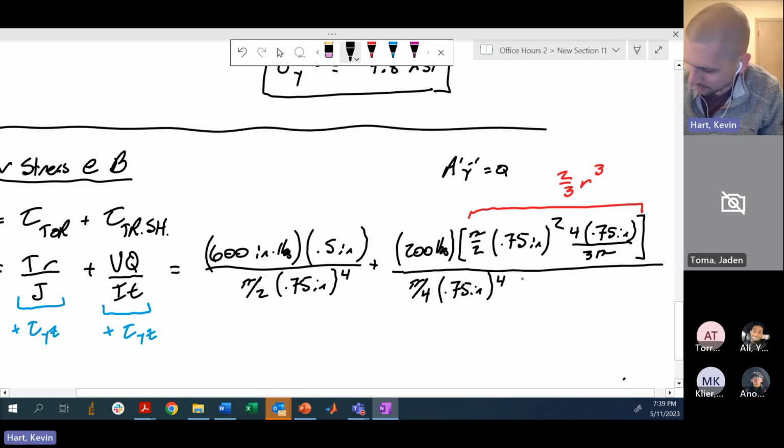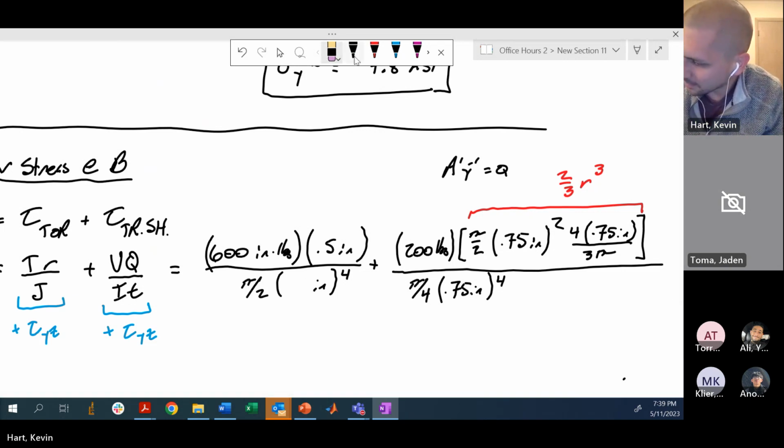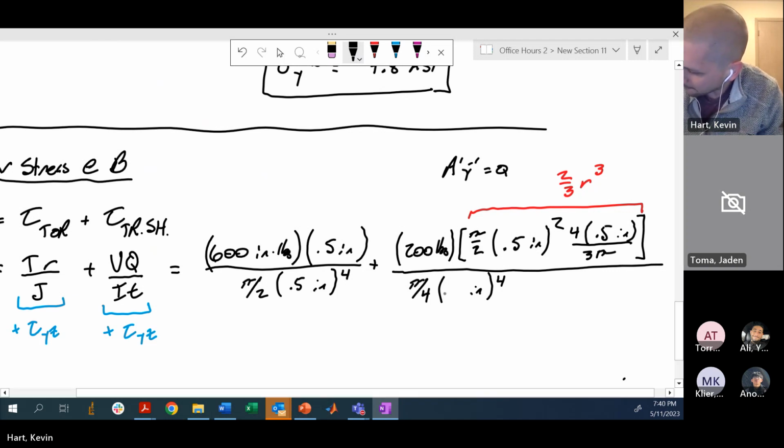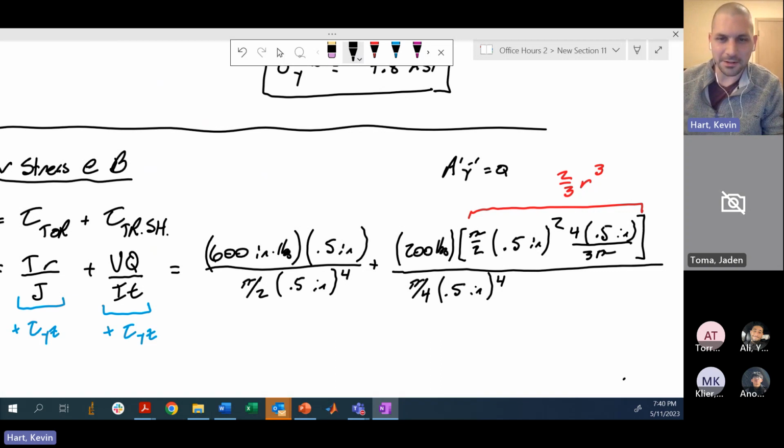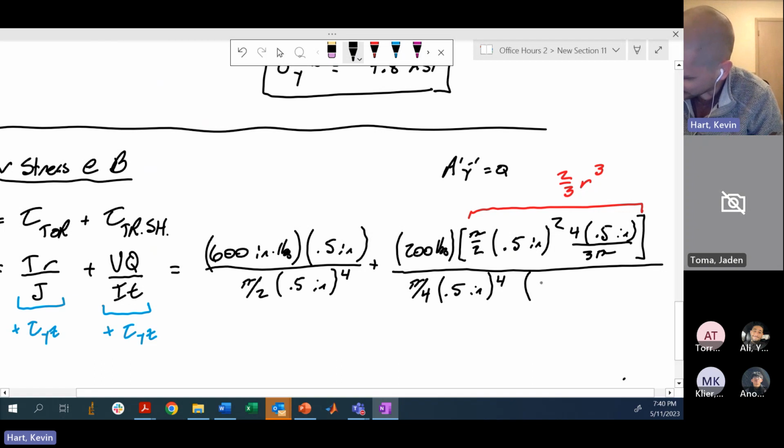And the thickness is just 2 times. Wait, why am I doing 0.75? The radius is 1/2. Gosh. Oh, sorry, guys. That's why pencils have erasers. Okay, sorry, it's all 1/2 inch radius, times the thickness here, which is 2 times 0.5, which is 1 inch.